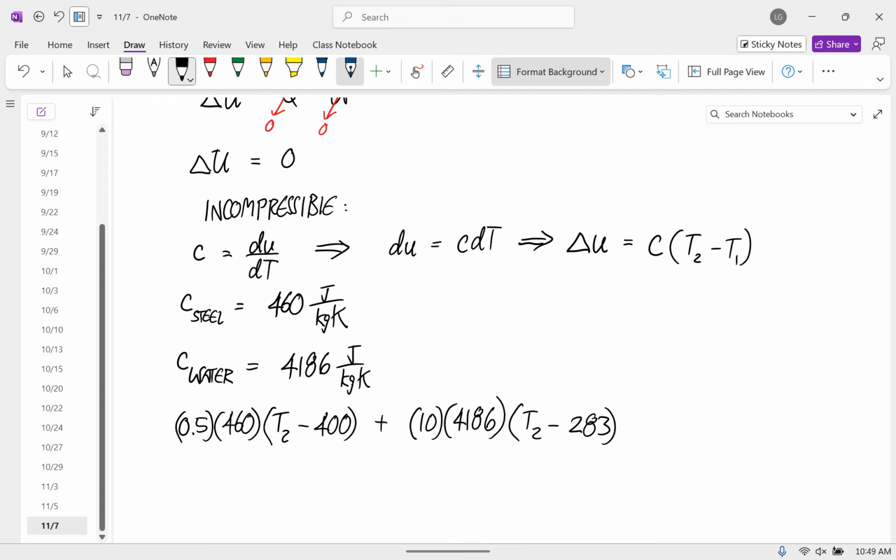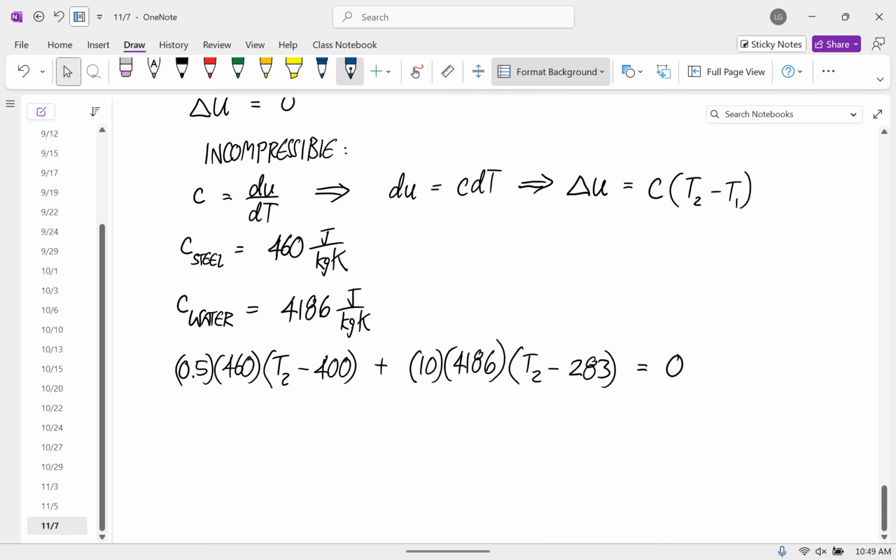That's the total change in internal energy, equal to 0. And if you go through that and calculate T2, you get T2 is 283.6. So much closer to the water temperature than the steel temperature. There's a lot more mass of water and it has 10 times as much heat capacity.